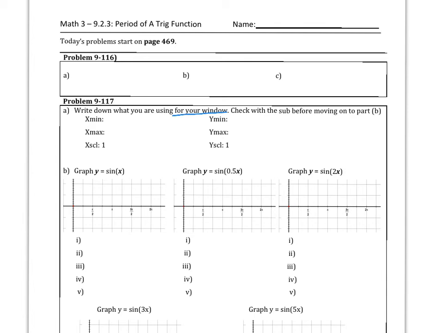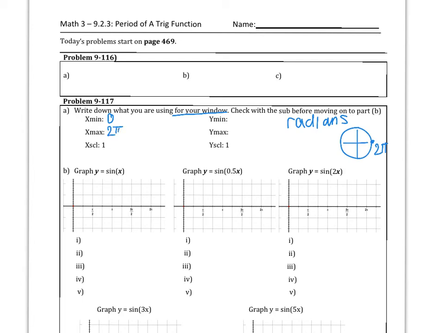So in this, when it says write down what you're using for your window, first of all, we are going to be in radians. So the first thing you guys need to do is make sure you're in radians, which means we are talking about repeating here over at 2 pi. So our x max, which is typically 360 if we're in degrees, we're now going to use an x minimum of 0 and an x maximum of 2 pi.